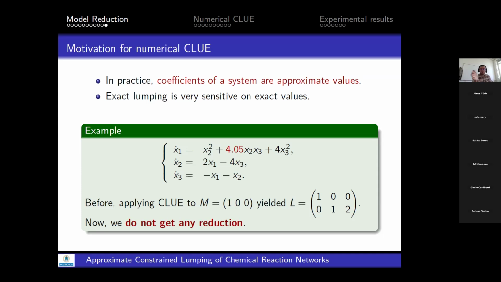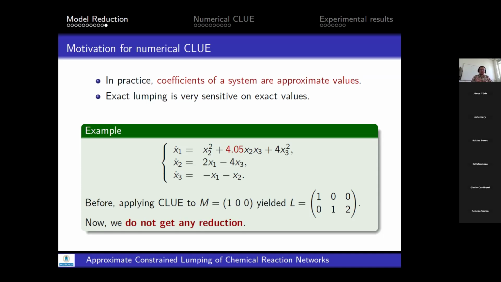And then we try to run CLU again and see if we can reduce the system, and CLU will tell us, no, you cannot reduce the system with this matrix. And in fact, you cannot reduce the system for reading x1 because there is no such reduction anymore.